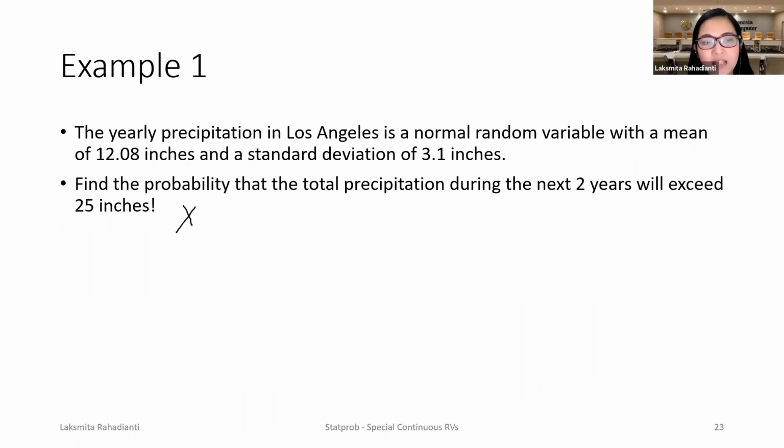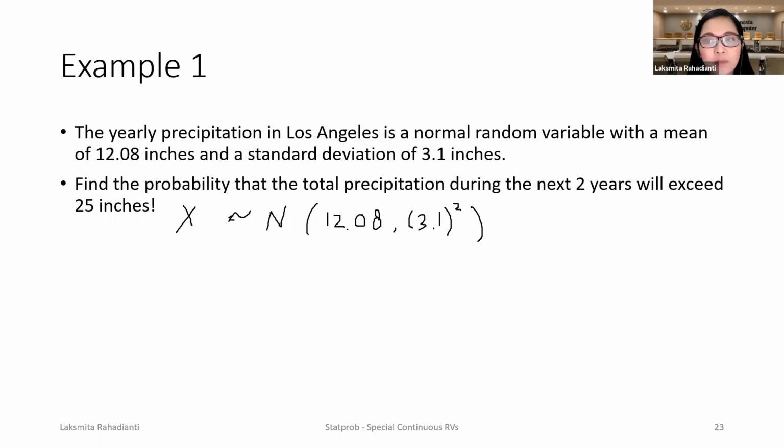I know that X follows a normal distribution with a mean of 12.08 and a standard deviation of 3.1 inches. When we are defining our random variable, we need to write it in terms of variance. Okay, so this is the first step.